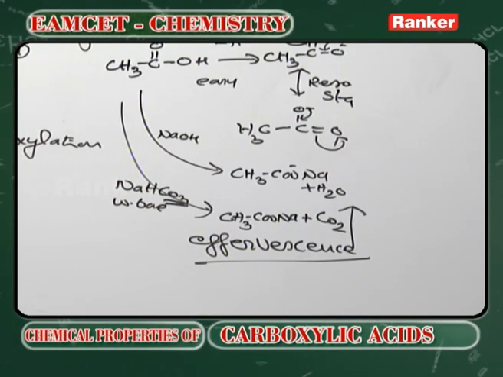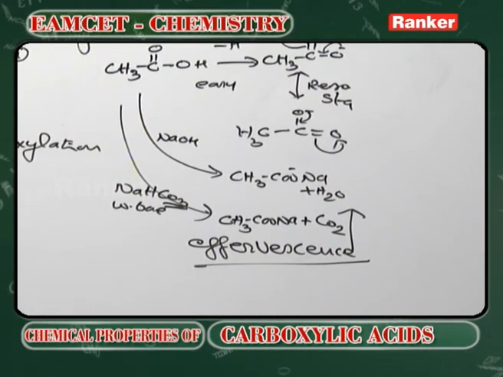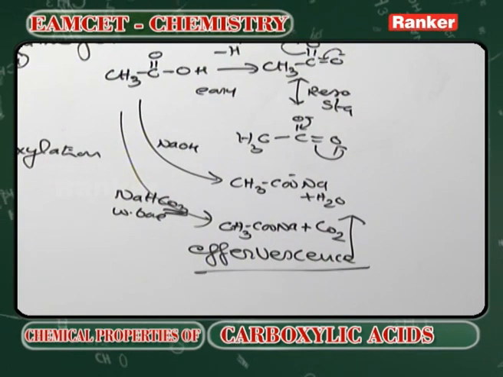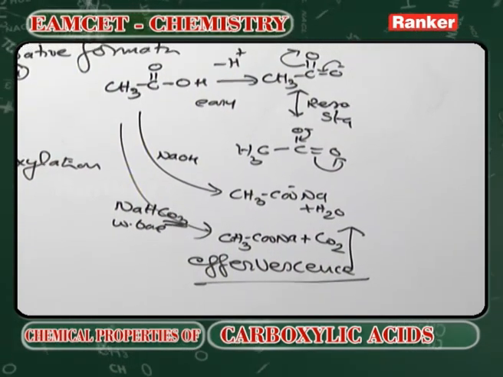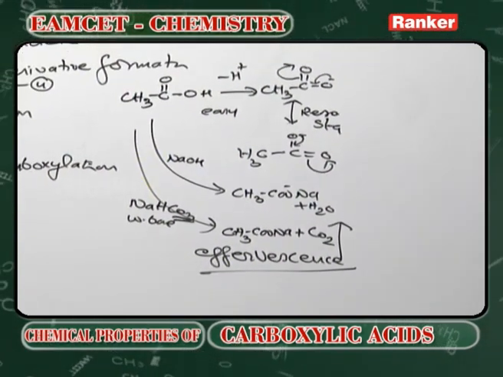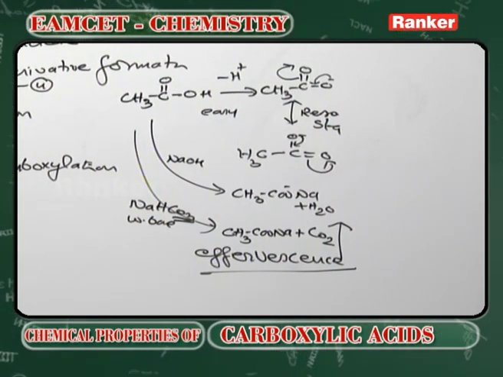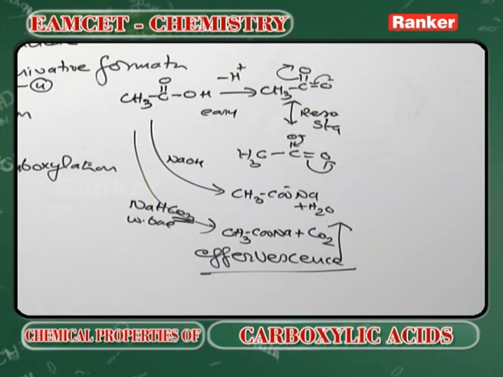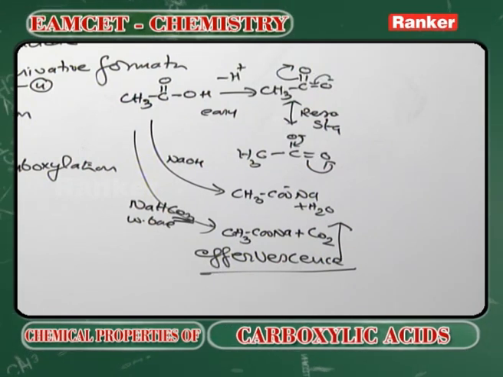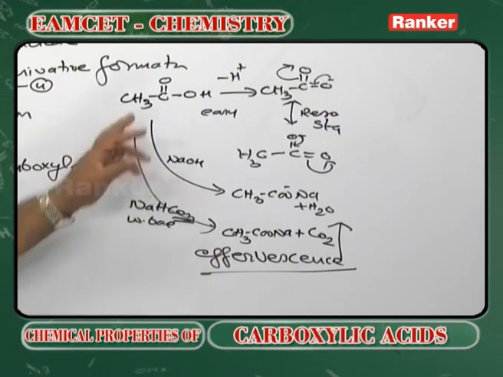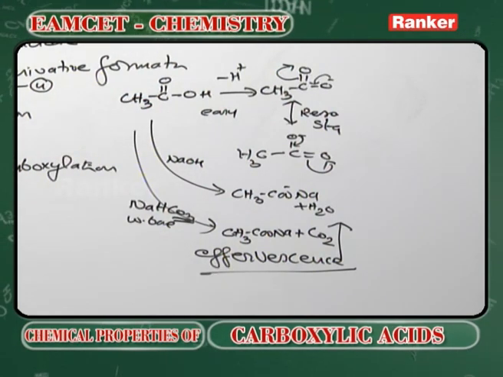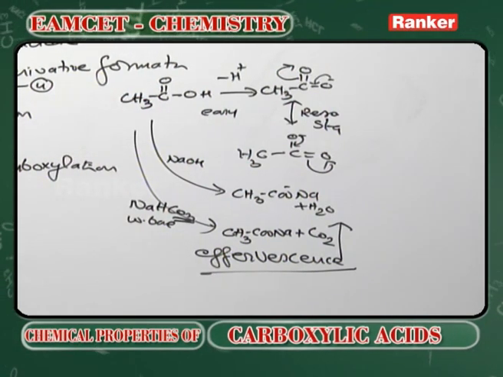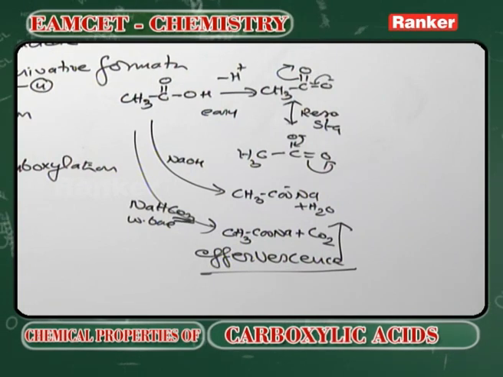If a given compound is a carboxylic acid, add bicarbonate, and bubbles of carbon dioxide will come, as if milk is boiling, the solution gives out bubbles, and a small hissing noise you can also hear. So these two are the evidences for the acidity. It also reacts with sodium metal, liberating hydrogen gas. All three refer to its acidity.